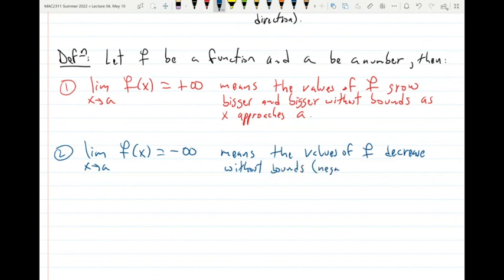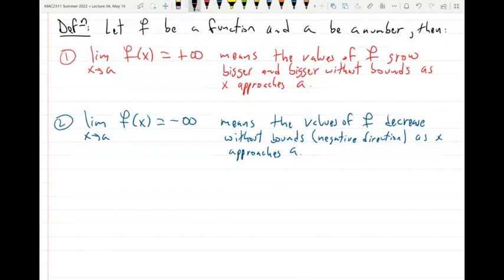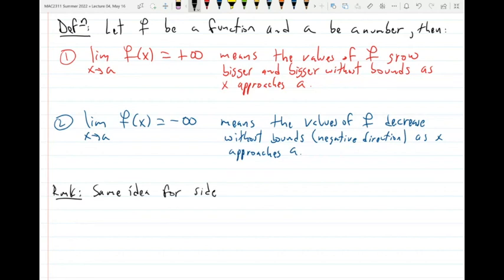So in the negative direction, as x approaches a. And the remark is that the same definition applies for side limits. So same idea for side limits.